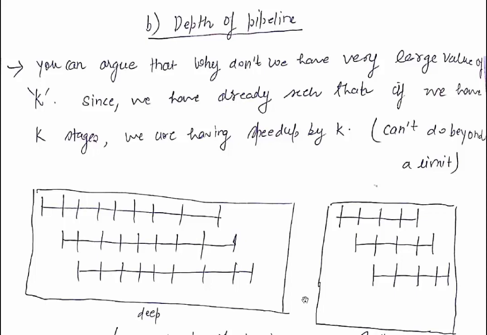So if you divide your computation into a very large k, you should get that much speedup, but that is not the scenario. If we have k stages we get a speedup of k, but we cannot go beyond a limit.